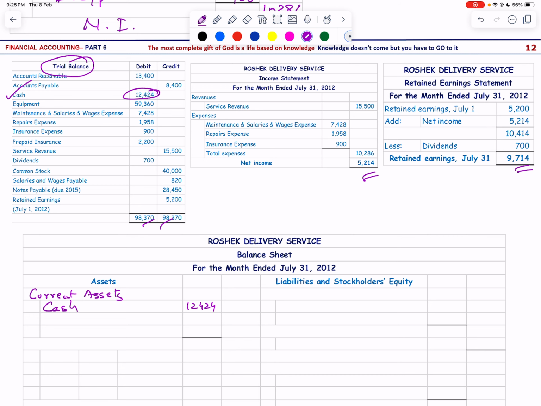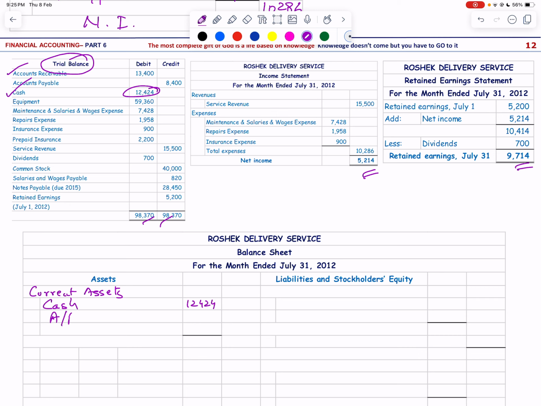Then we have accounts receivable of 13,400, and then we have the prepaid insurance of 2,200. So we make the total, and the total current assets are going to be 28,024.